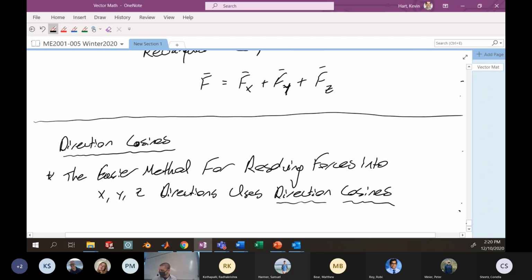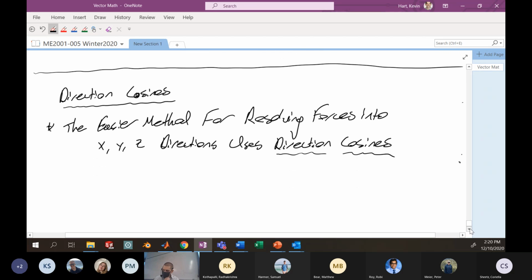Okay, and let's talk about what direction cosines are. We'll motivate this in 2D first.